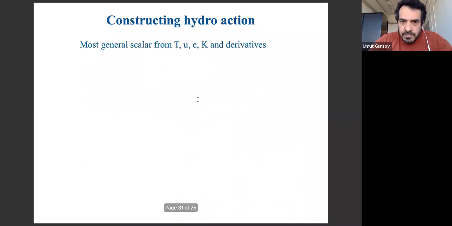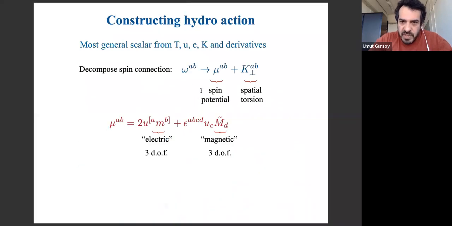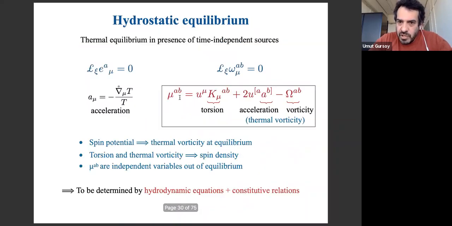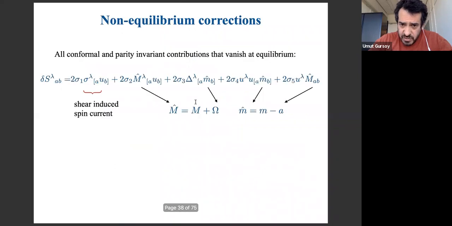If you use this decomposition of mu AB in this equation, you will see two types of equations, and those are exactly the ones that vanish when you expand mu AB in terms of capital M and little m, the way I did. So you will get these two equations. That's why I'm using those two combinations, which vanish at equilibrium, to construct a non-equilibrium correction. These will be just those 5 terms that you can write down.